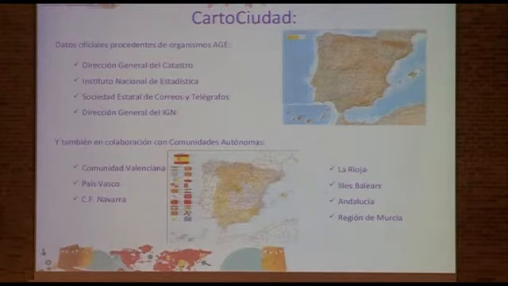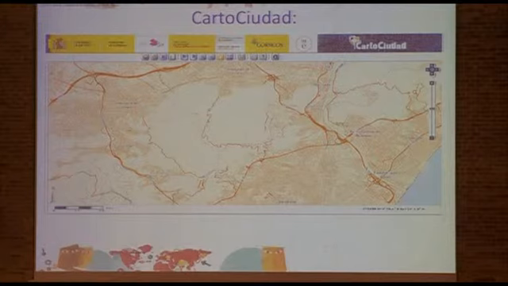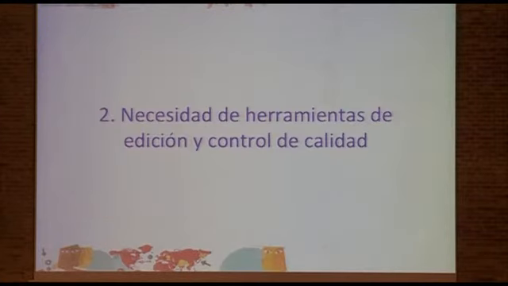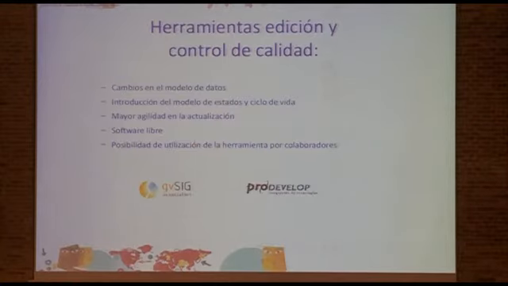These regions have submitted data like road infrastructure, streets, and Juan Lucas will tell us a little bit more about the tools that use this data, and you can always log on to CartoCiudad.es for more info.